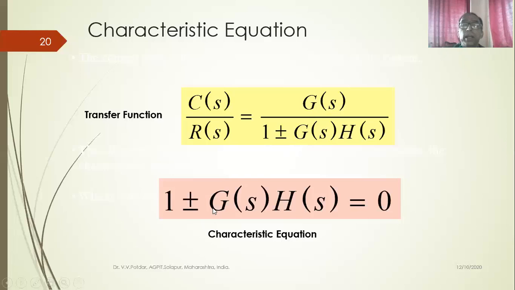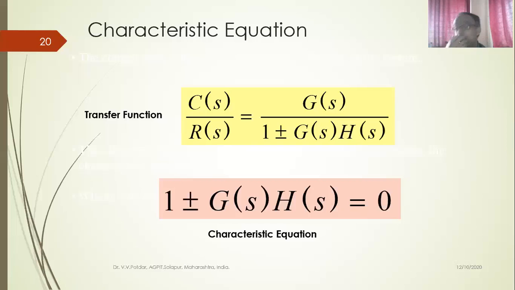Now for this example, the denominator 1 plus or minus (s plus 1) into (s minus 2) or (s plus 2), whatever it is, equal to 0. When I solve this, I'll get a polynomial in s, maybe s square plus 3s plus 2 equal to 0. Now that polynomial in s talks about the characteristic, or the character, of that system.